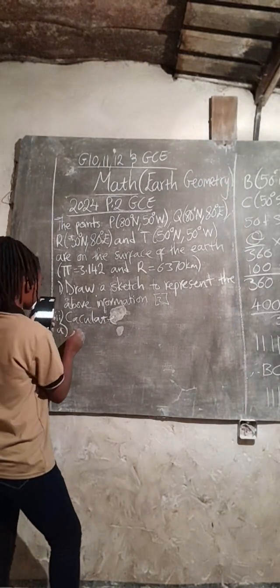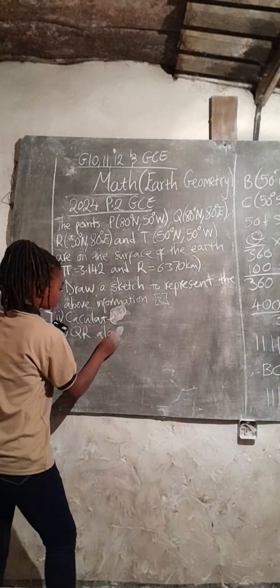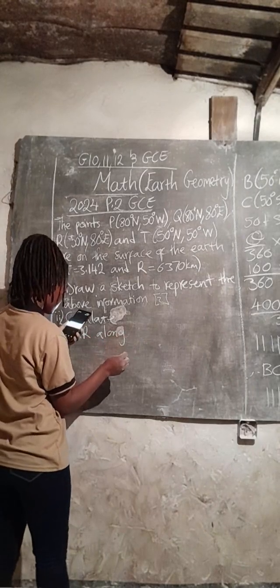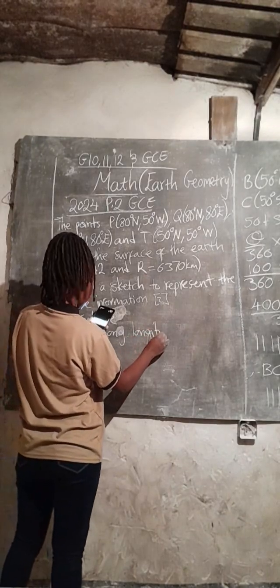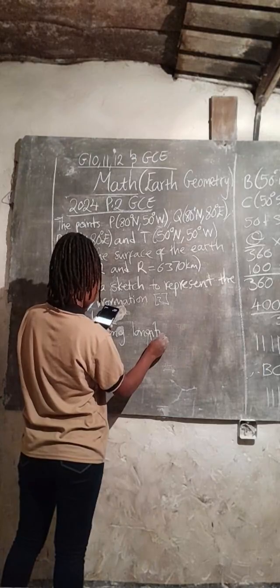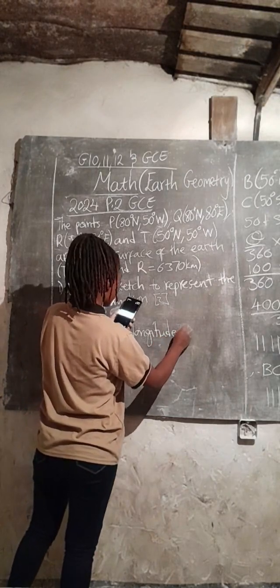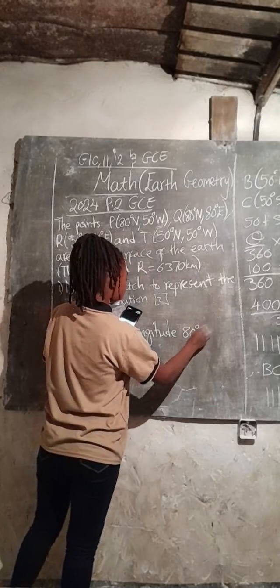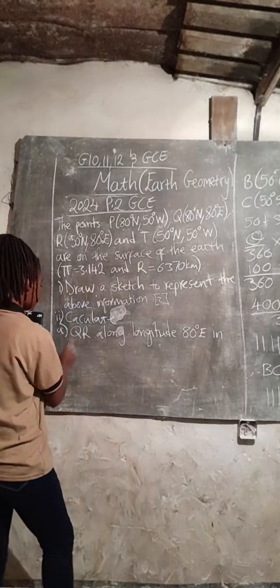A: calculate distance QR along longitude 80 degrees east in kilometers.